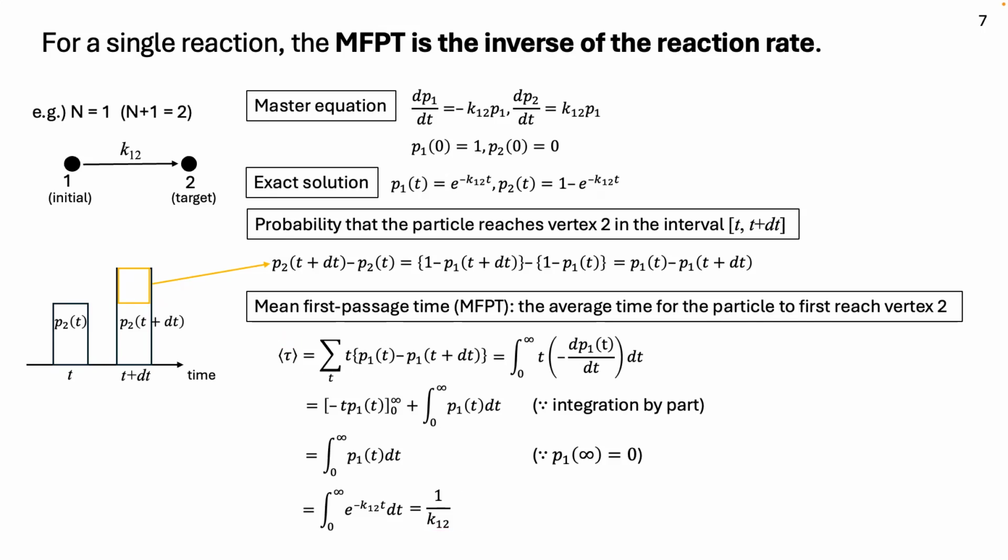Then we understand the mean first passage time is 1 over the reaction rate. It makes sense. As K1 becomes faster and faster, that means the bus is coming faster and faster. Yes. Then the waiting time for the first bus is shorter and shorter. Clear?